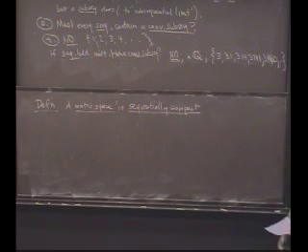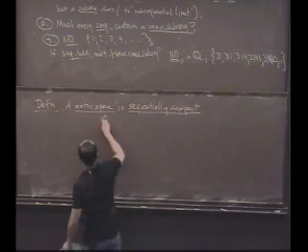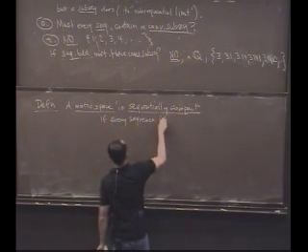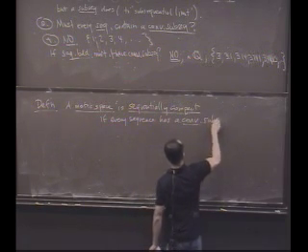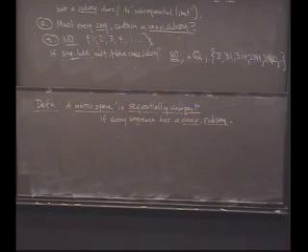We'll call a metric space sequentially compact if every sequence has a convergent subsequence. And the question was, really, is it true that a compact set is also sequentially compact?